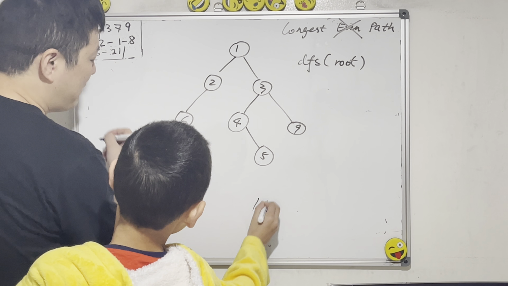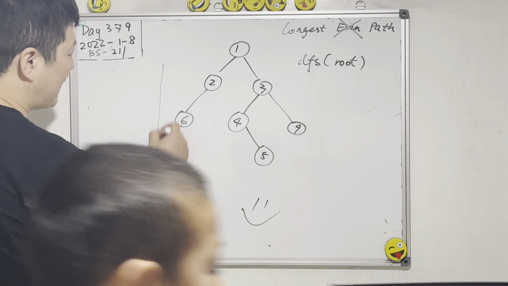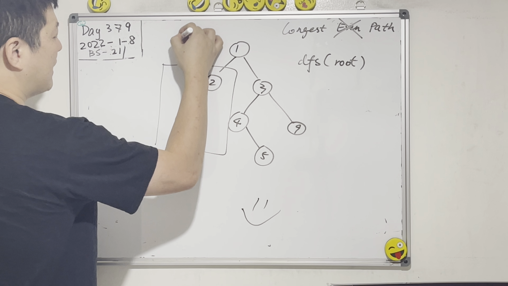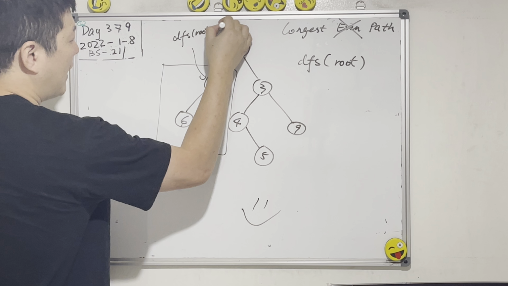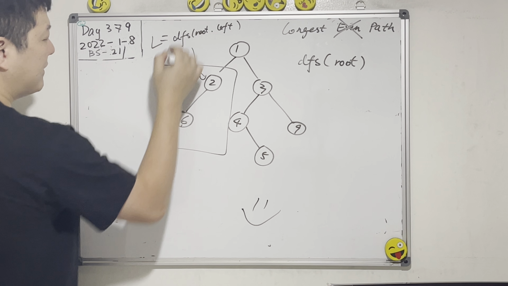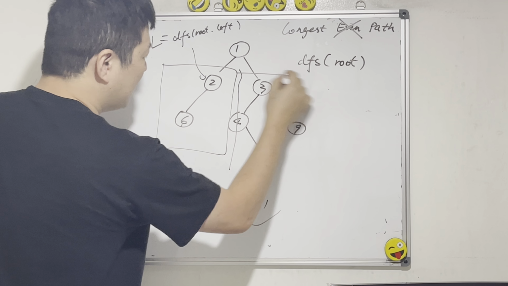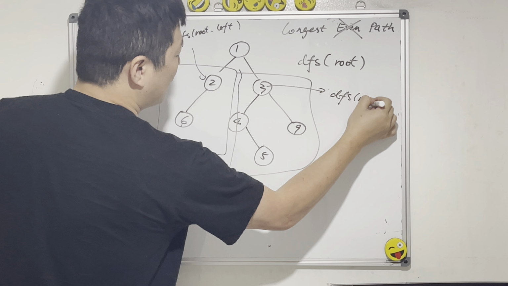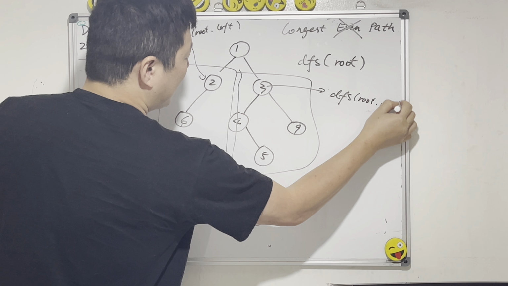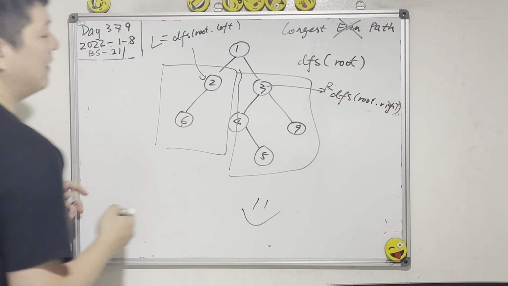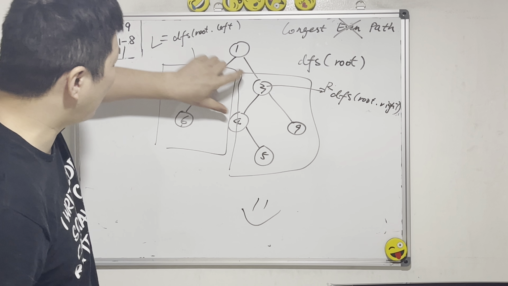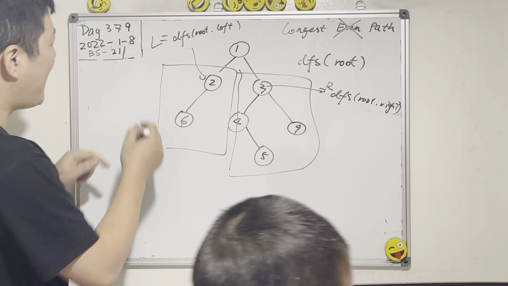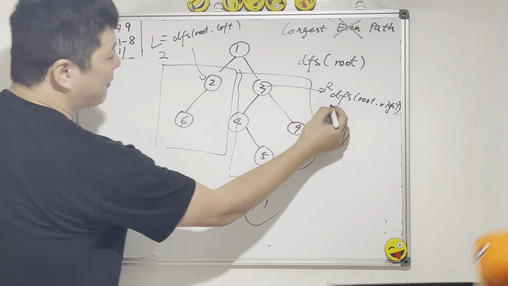Now if this bit here is depth first search root dot left, let's put it as L, and this bit is depth first search root dot right, let's put it as R. L will be 2 here, and R will be 3.